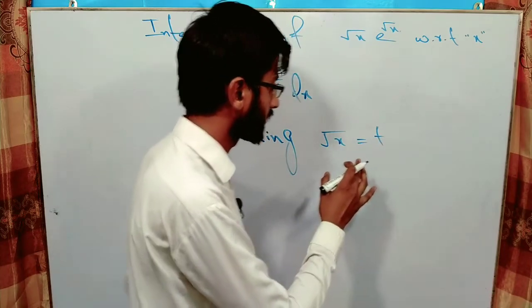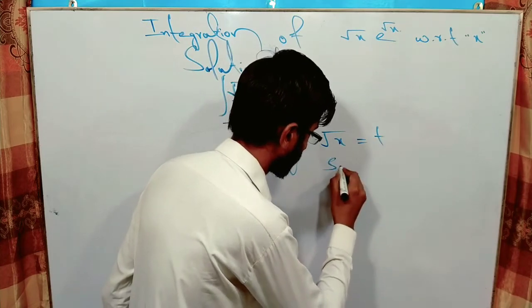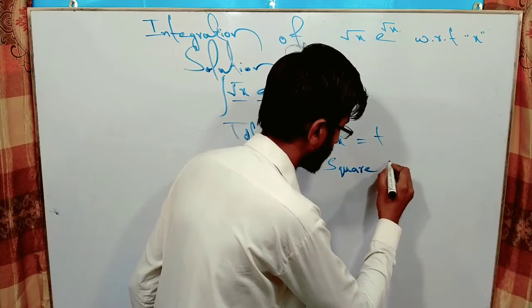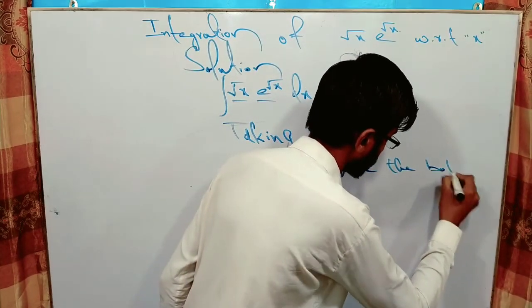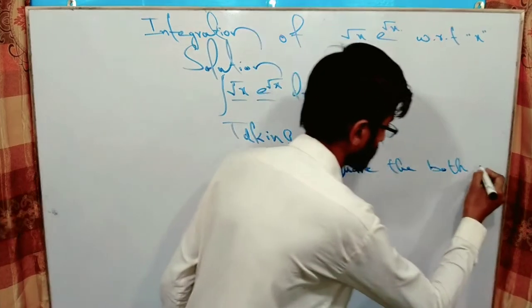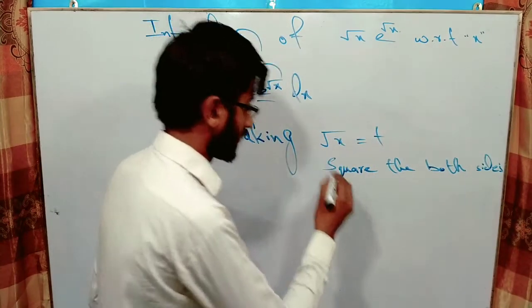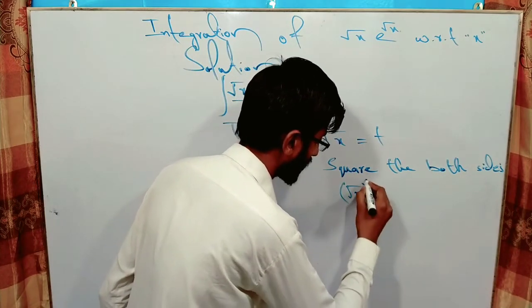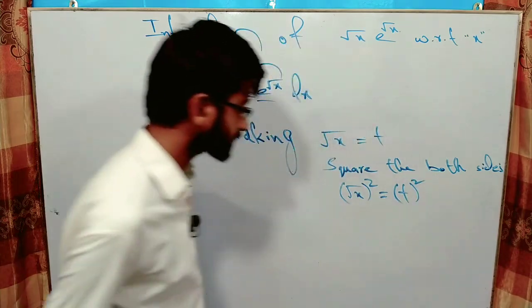Here we square both sides. Under root x, bracket, over square, equals t square.